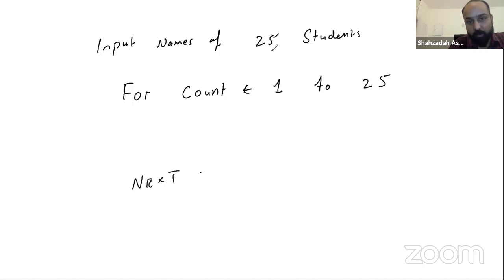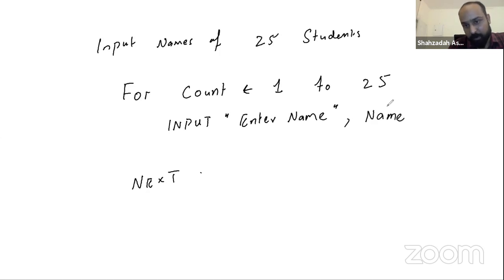If we need to input names of 25 students, and if we go with the basic pseudocode, it looks something like this. Input the prompt, enter name, and the variable. So this is how it goes.